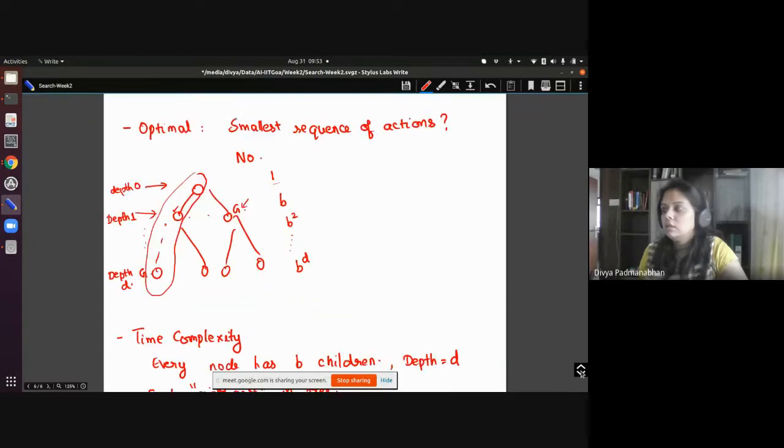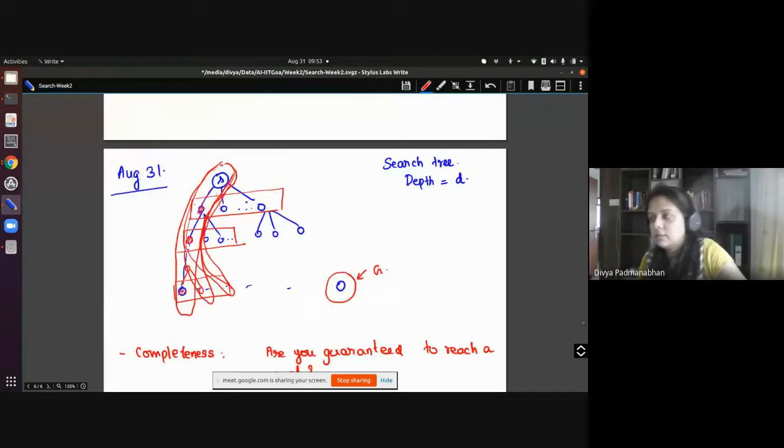To analyze this, remember this structure. You first push the start state, and then all its children you push in. So this part that you haven't read is going to be there. Now you are going to pop one of them, and here there are b entries, and from the next state, in the next depth, you're again going to push b entries.